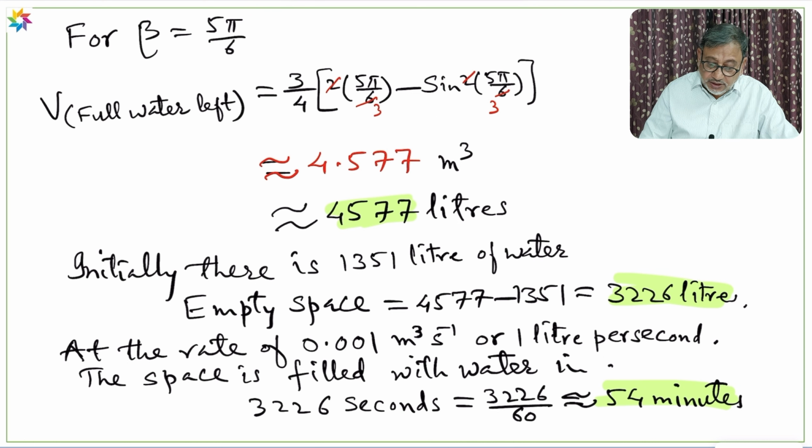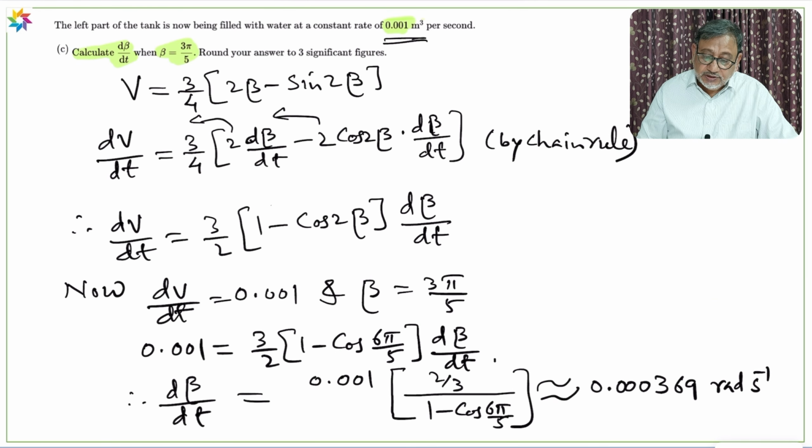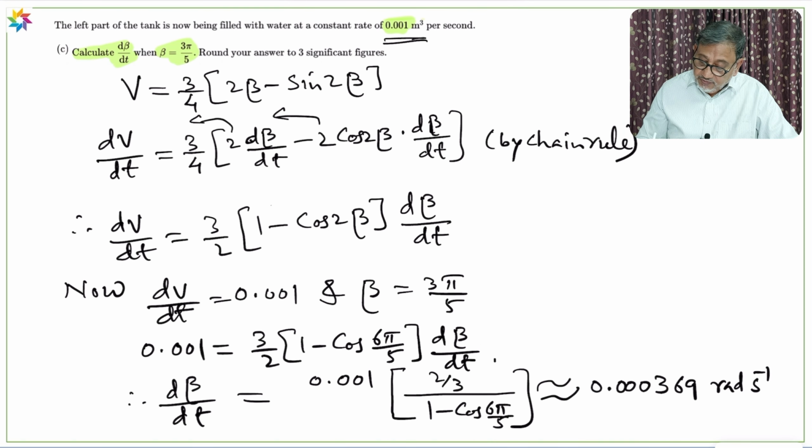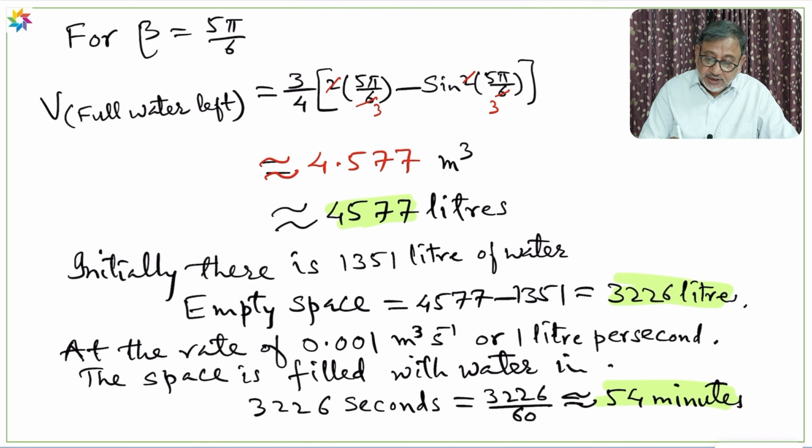Actually I have started the D part also. Look here, in the C part we only had to find dB by dt. So the C part was up to this. This is the D part. I started the D part here, 1 minute.